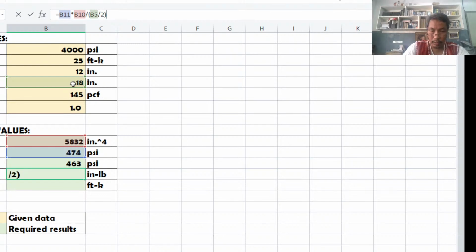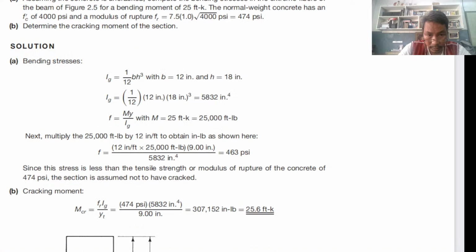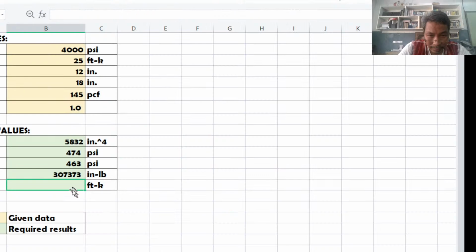That is our Y. So our answer is 307,000. Is that true? 307,000. This one, 307,152. So 307,373.